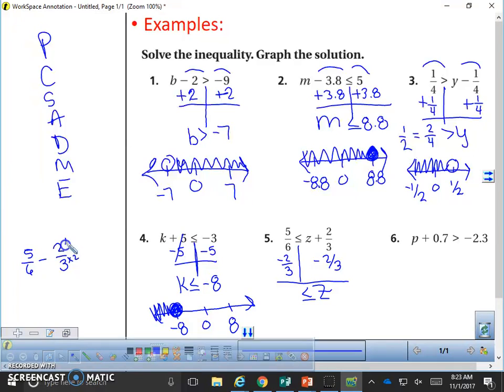Multiply by 2. 5/6 minus 2 times 2 is 4. 3 times 2 is 6. 5 minus 4 is 1. 6 stays the same. 1/6. Graph it. 0, 1/6, -1/6. Circle in 1/6. Open or closed? Closed because it says equal to. And shade the bigger numbers.